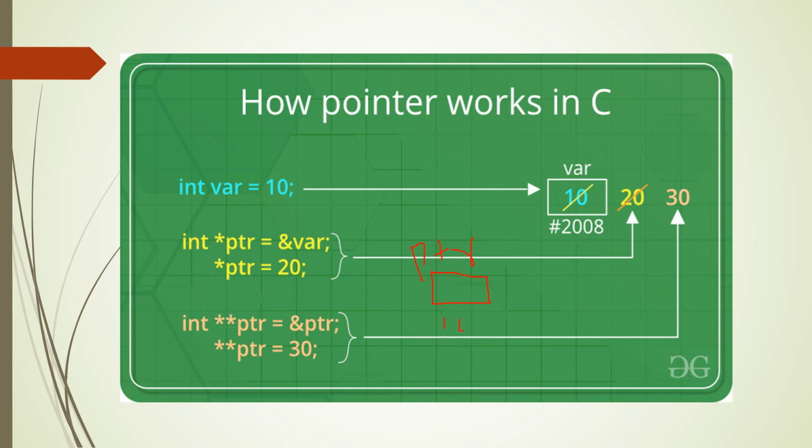Let us assume that the base address of this memory location is 100, and for this declared variable we are assigning the address of the variable var. Here the address of the variable var is 2008. So this address 2008 is going to be stored here.